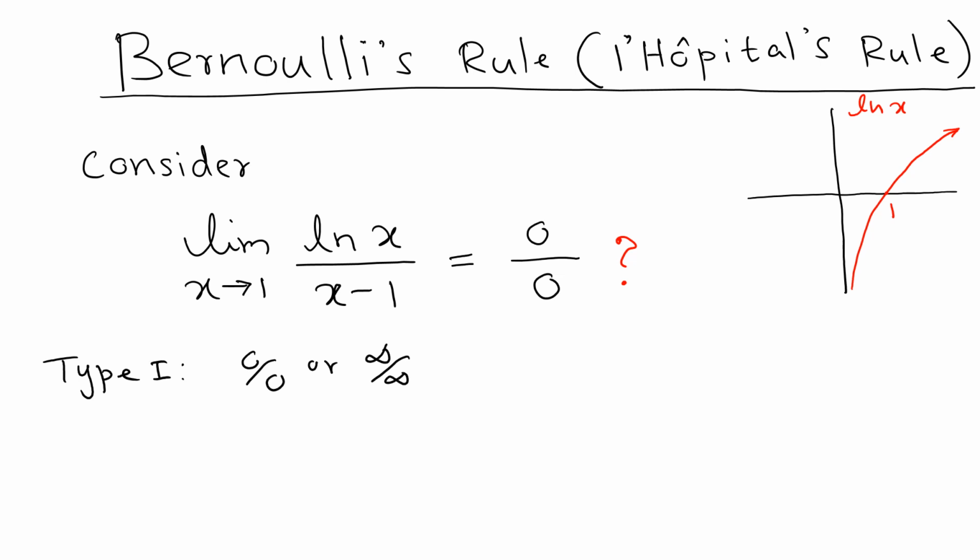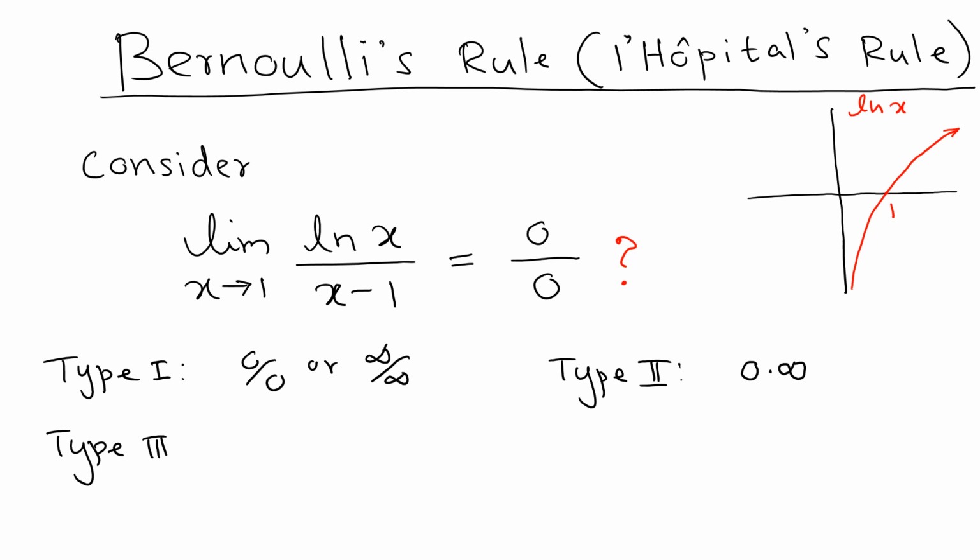Then we have type 2, which is 0 times infinity. When you have a product like that, again anything can happen. It can be 0, it can be infinity, or it can be some other finite value in between.